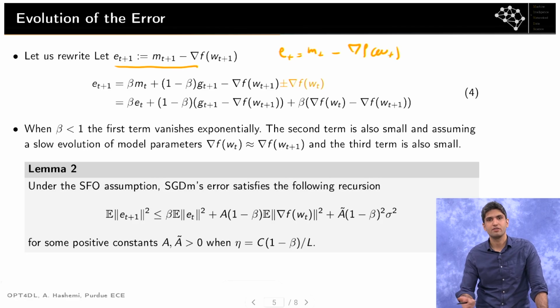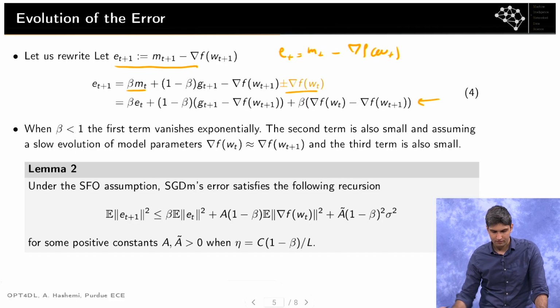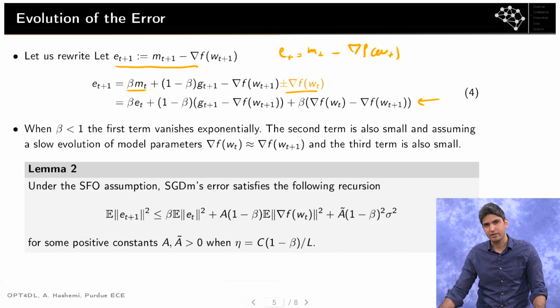I want to make sure that both of these terms appear somewhere. m automatically appears given the definition of the momentum and how it is updated. So I'm going to add and subtract the gradient at w_t. After doing that, I group the terms and arrive at this equation, where I'm dealing with three terms.